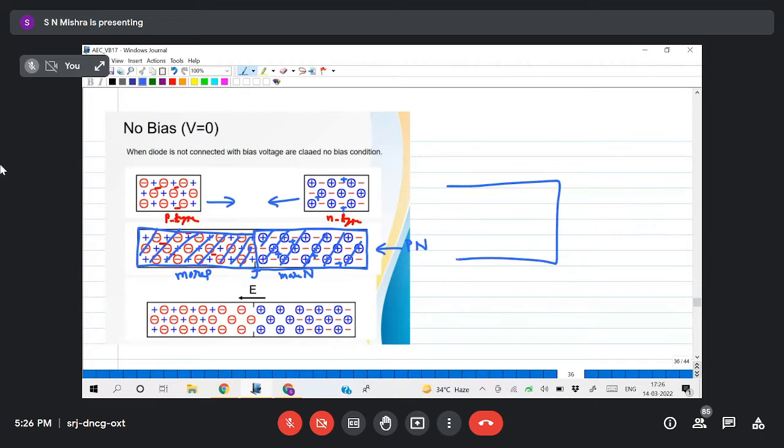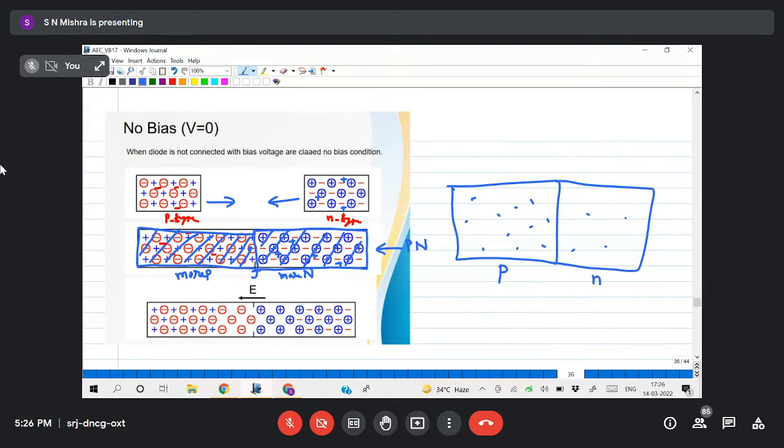This area, more number of holes are present, and in N side, less number of holes are present. Yes or no? Yes, sir. If you neglect these ions, don't consider these ions. If I see only P type, I'll find majority carrier holes, so more holes are present in P side, and N side I'll find more number of electron and less number of holes.